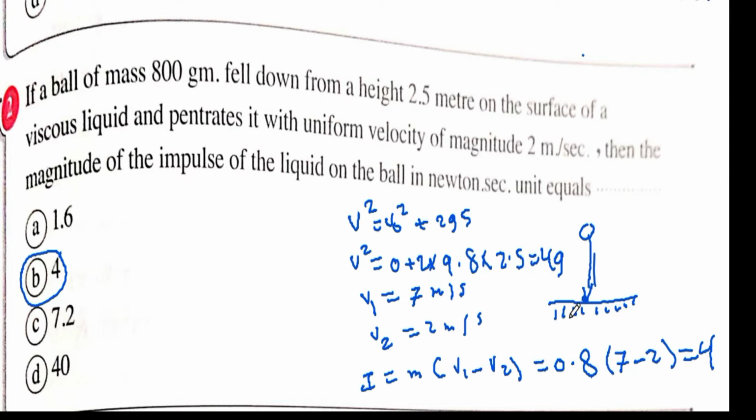Inside the liquid, v2 is the uniform velocity equal to 2 meters per second. So impulse equals the change in momentum, m times v1 minus v2. M is 800 gram, in kilogram 0.8, multiplied by 7 minus 2, which is 5, times 0.8. The result will be 4.